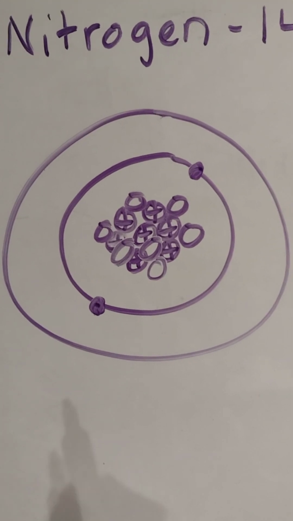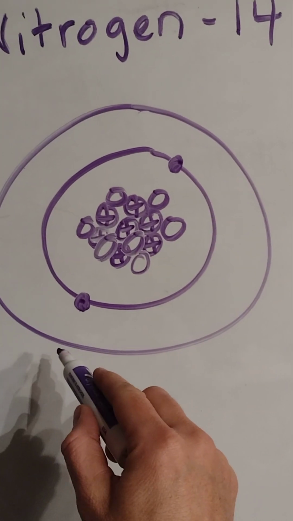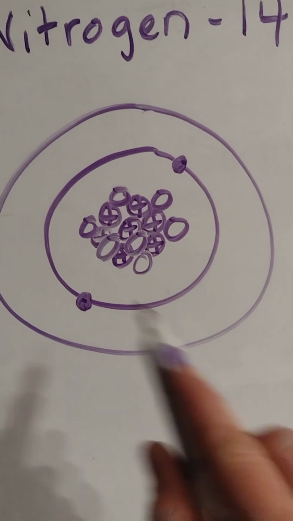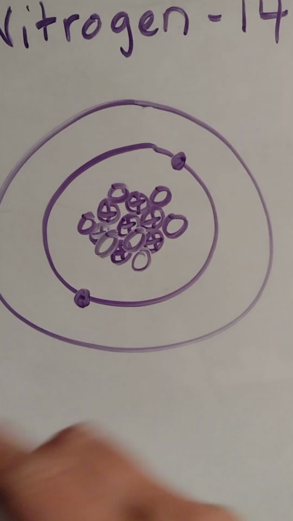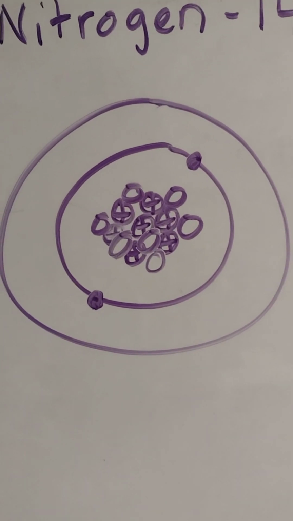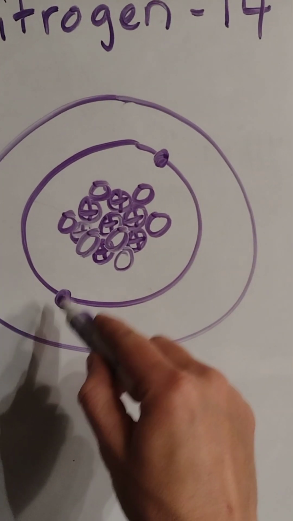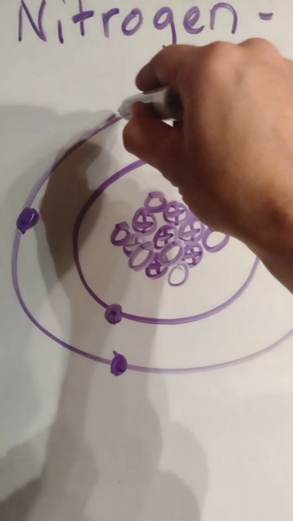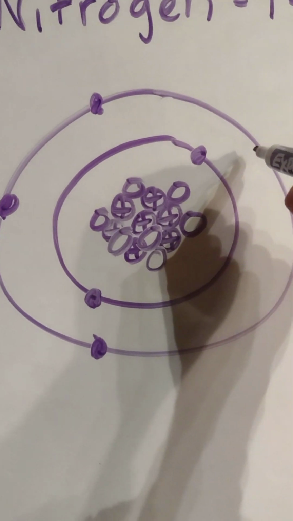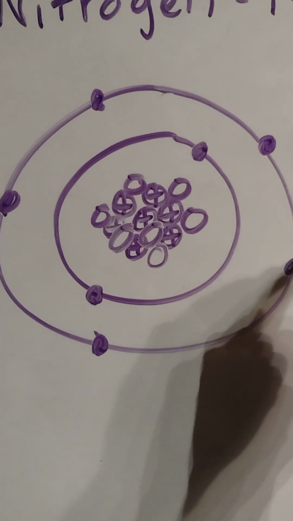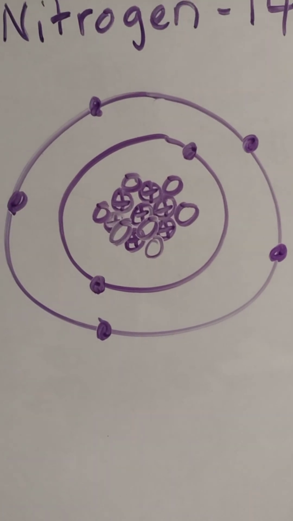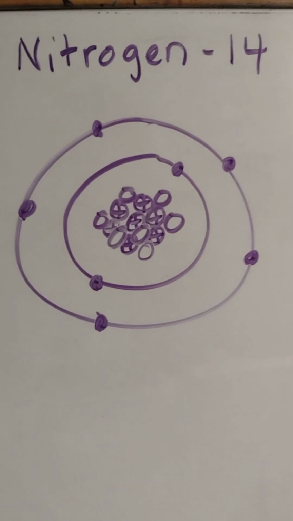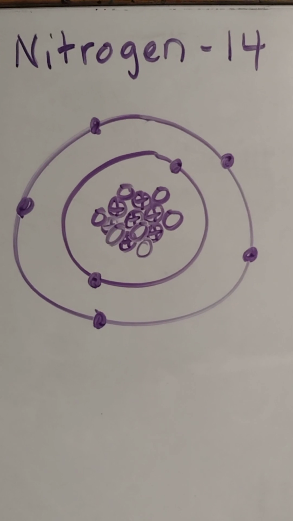The next energy level actually has 4 orbitals. Remember, it's got the S2, which is a sphere, and then those balloon-shaped p orbitals. So let's plug in 1, 2, 3, and they want to be farther away, 4, 5, 6, 7. They want to be far away from each other because they're all the same negative charge. That is your nitrogen 14.